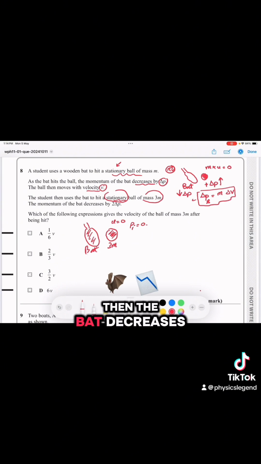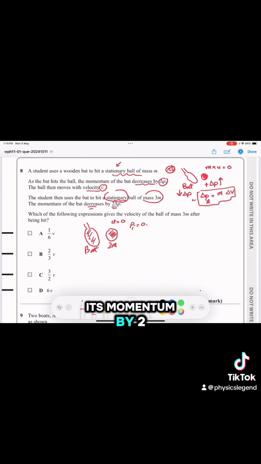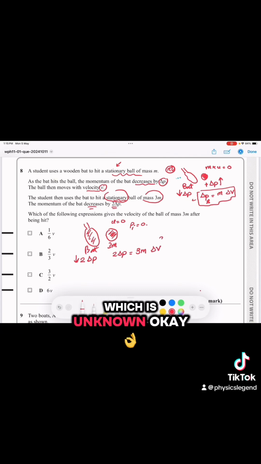Then the bat decreases its momentum by 2 delta p, a 2 delta p decrease, as we did in the previous case. The momentum of the ball of 3m is going to be 2 delta p as well, equals the mass, which is 3m, so 3 times the mass of the first ball, times delta v, which is unknown.